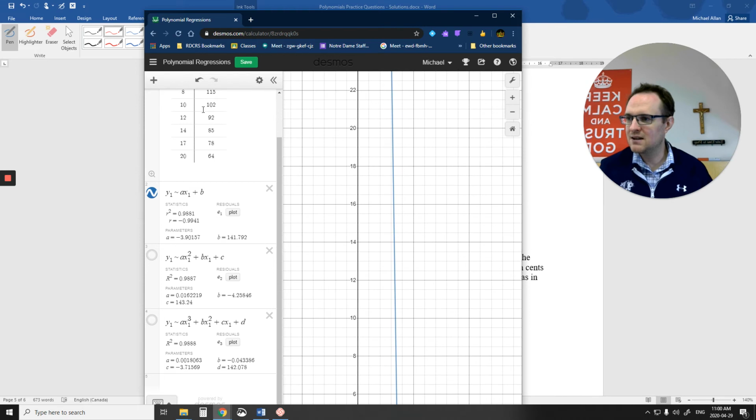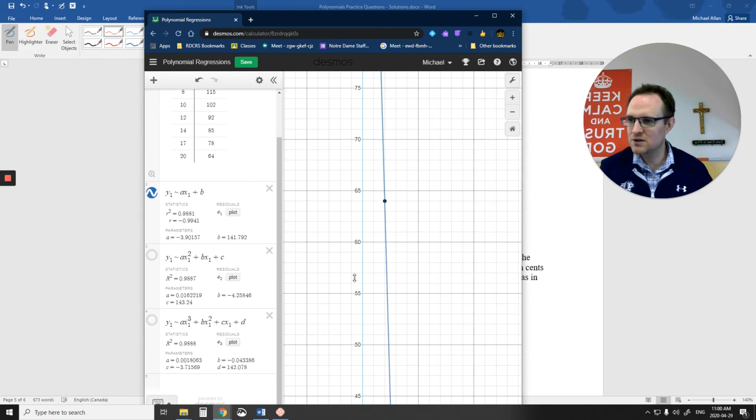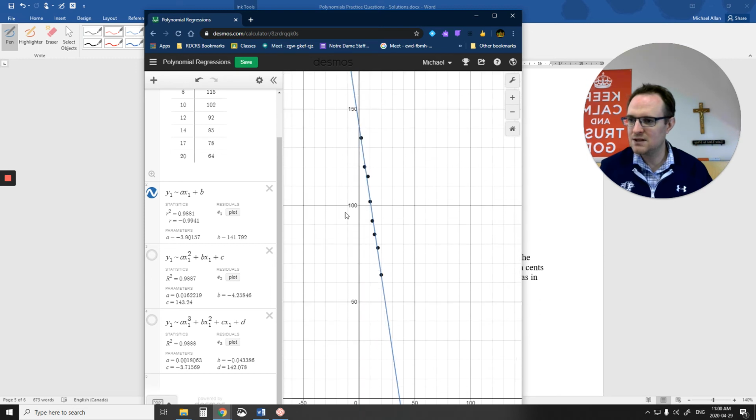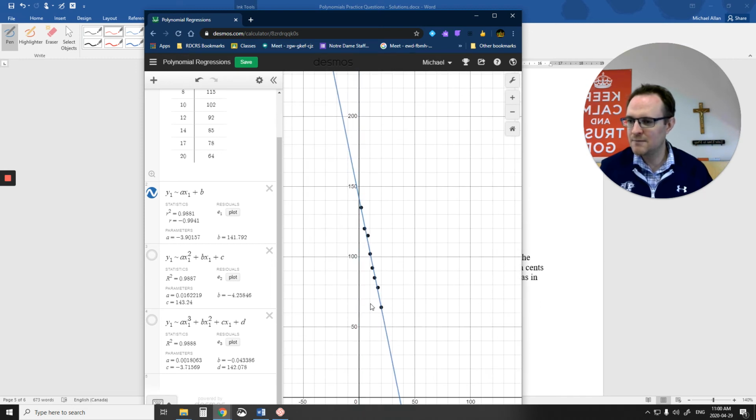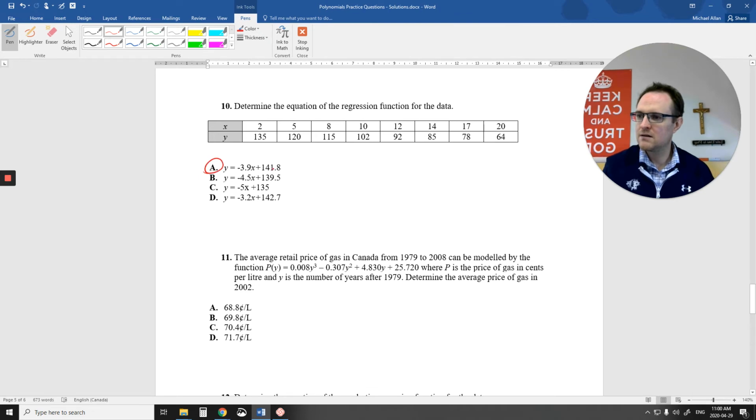And since I don't see the data, you look at the y values. The y values are a little bit larger, so you can scroll up or just change it until you see the data. And there's my data. It does actually look pretty linear. My equation, my a value of the ax is negative 3.9. So the only one that matches is A in this case.